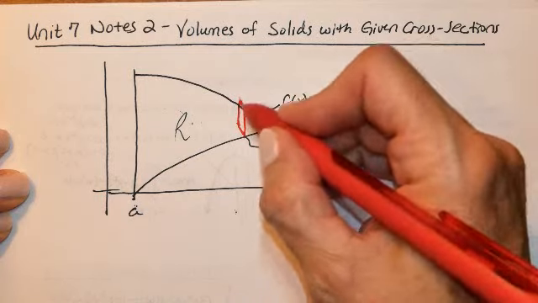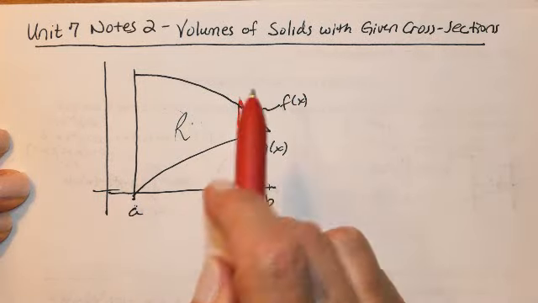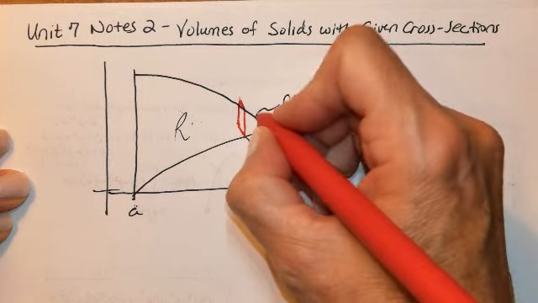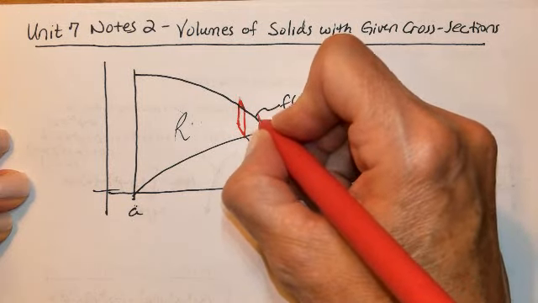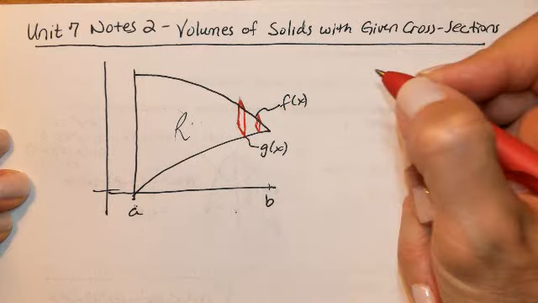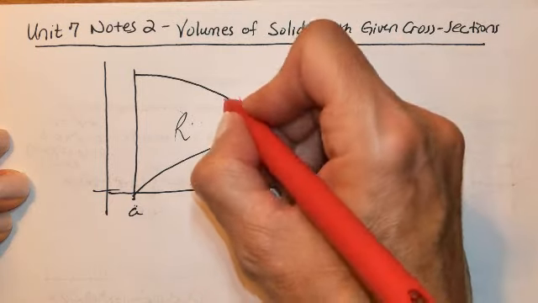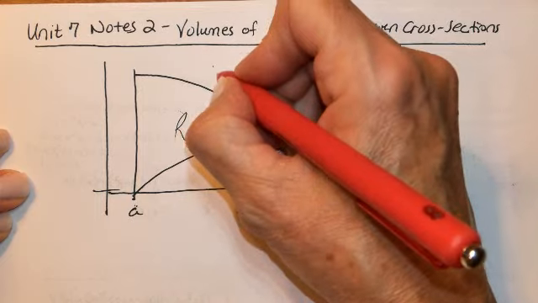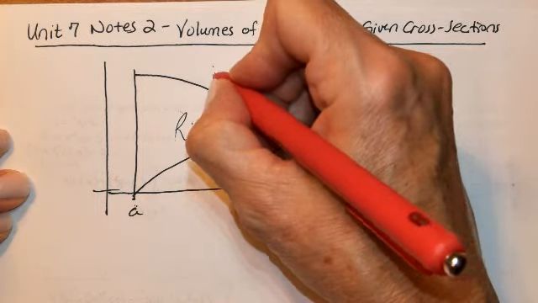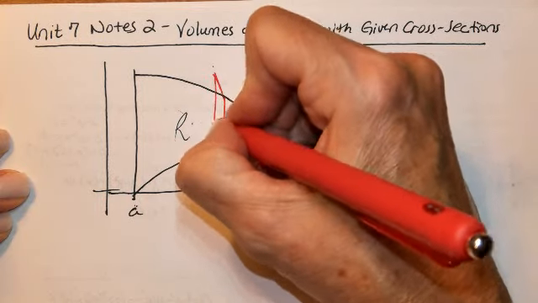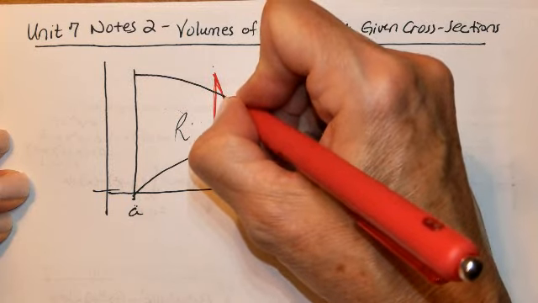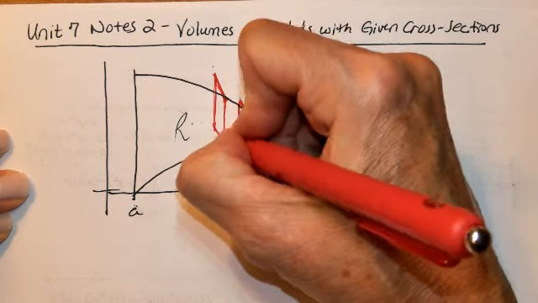That would be one cross section. If I took the cross section right here, it would be a tinier square, but it's still coming up out of the paper. If I took the cross section here, it would be a bit of a larger square, still coming up out of the paper, right?